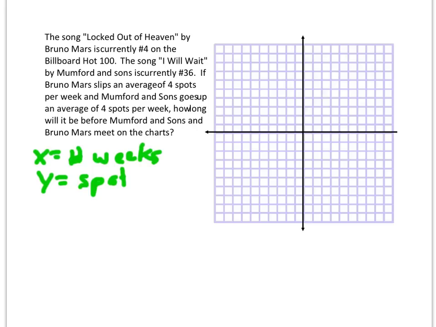Okay, well if I'm going to write this equation here, let's see, we'll do Bruno Mars in blue. He's currently number 4. So after 0 weeks, he's at 4. So that's his y-intercept. That's his b. So we're going to have our y, our spot on the chart, equal to something plus our b, which is 4. And our slope, we know that he slips an average of 4 spots per week.